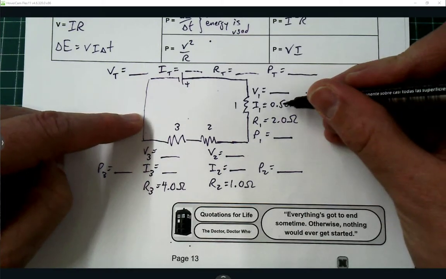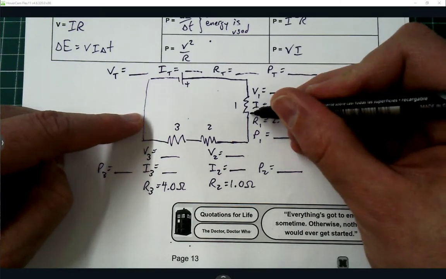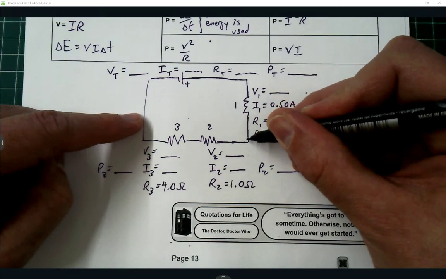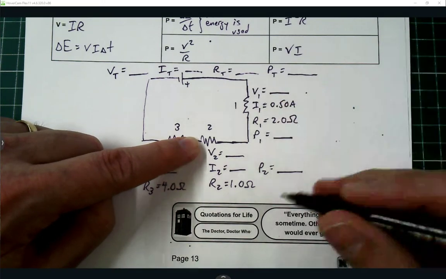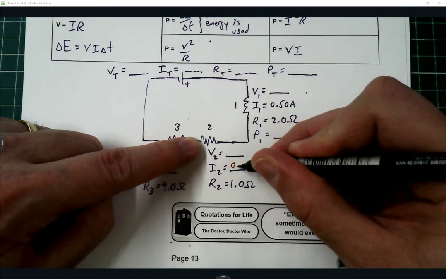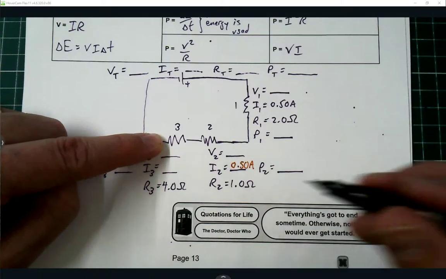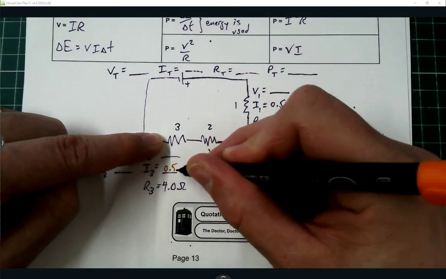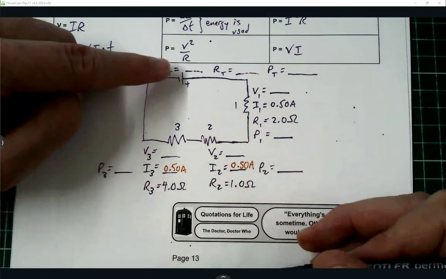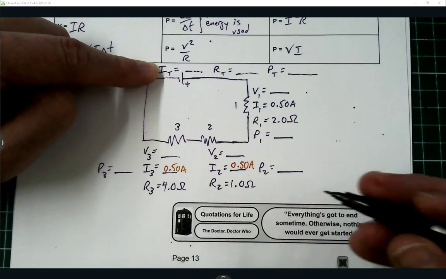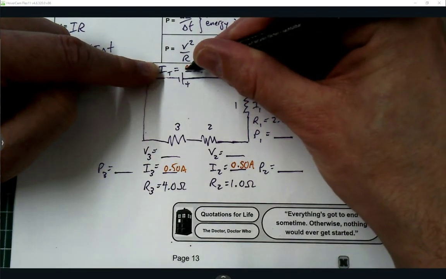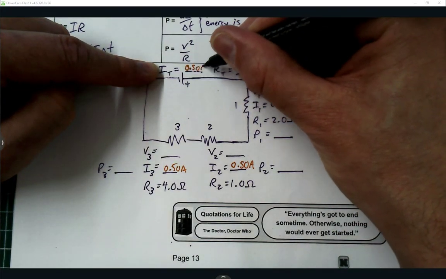If current 1 is 0.5 amps, notice that the current does not branch off by the time it gets to resistor 2, and so it would still be 0.5 amps. Same thing would be true at resistor 3. It would still be 0.5 amps. And that means that the total current coming from that source must be 0.5 amps.